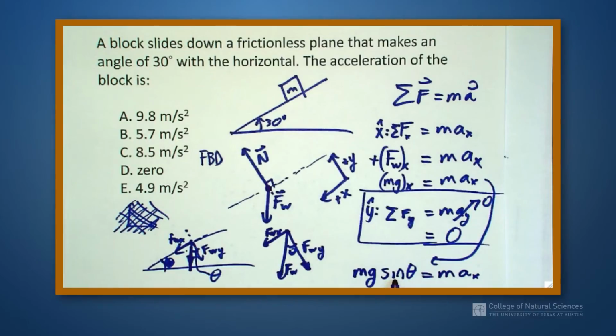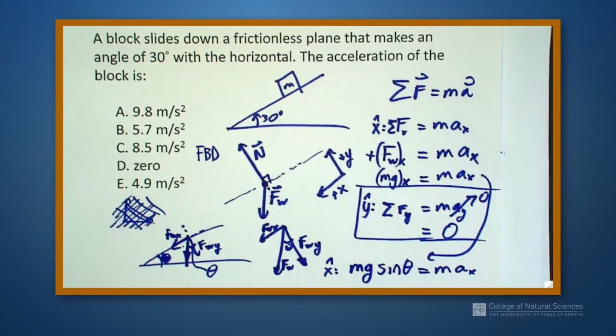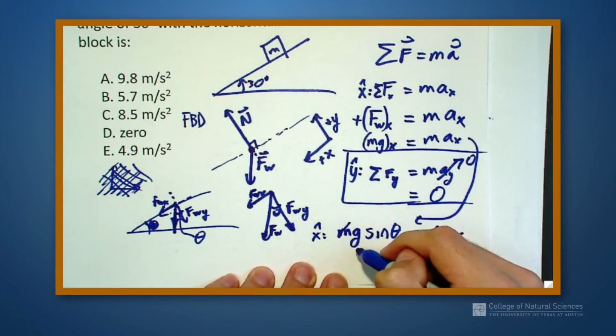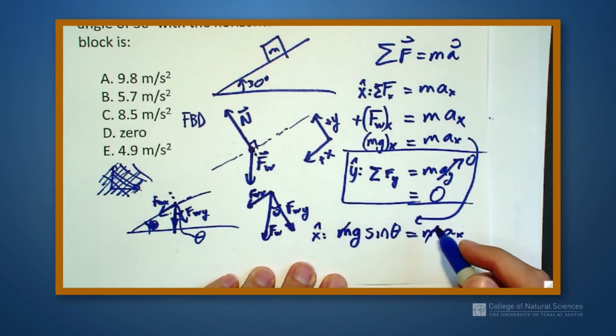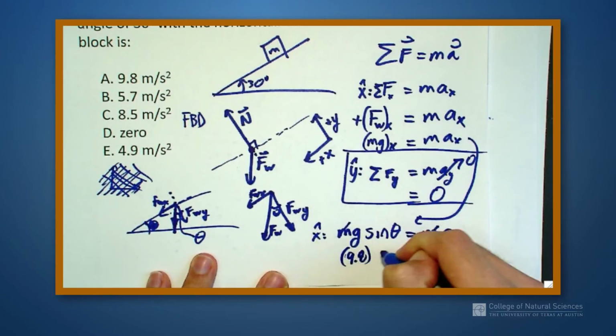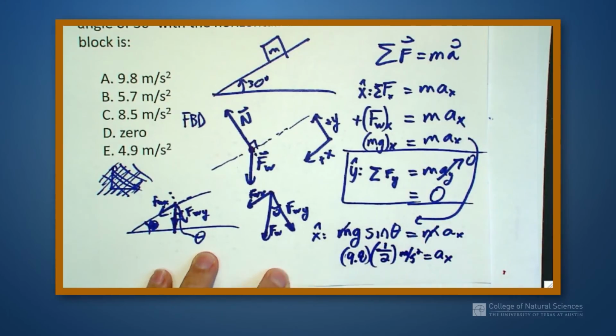Even though I'm looking for the x component, it's a sine value because of the angle they gave us and because of our shifted coordinate system, this trig function has to be a sine. So when we go through and plug everything in, we'll see that mass cancels with mass. We're left with g sine of theta. Theta is 30 degrees. So 9.8 times sine of 30 degrees, and sine of 30 degrees is 1/2. Meters per second squared is my acceleration in the x direction.